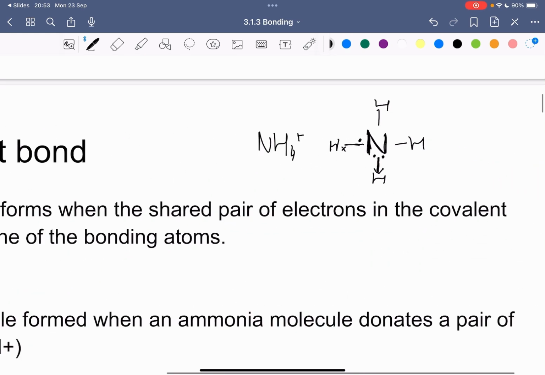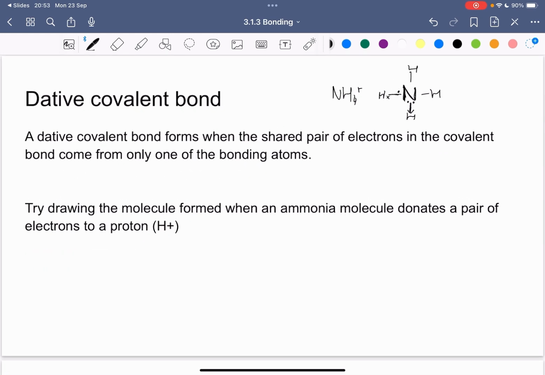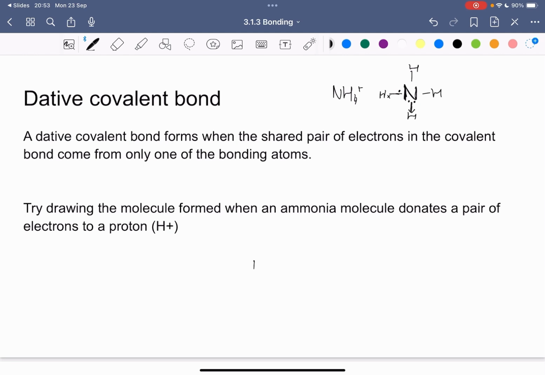So in an exam, if you're asked to draw the dative covalent bond, it looks something like this. We have the nitrogen atom, and we're asked here, an ammonia molecule donates a pair of electrons to a proton, H+.